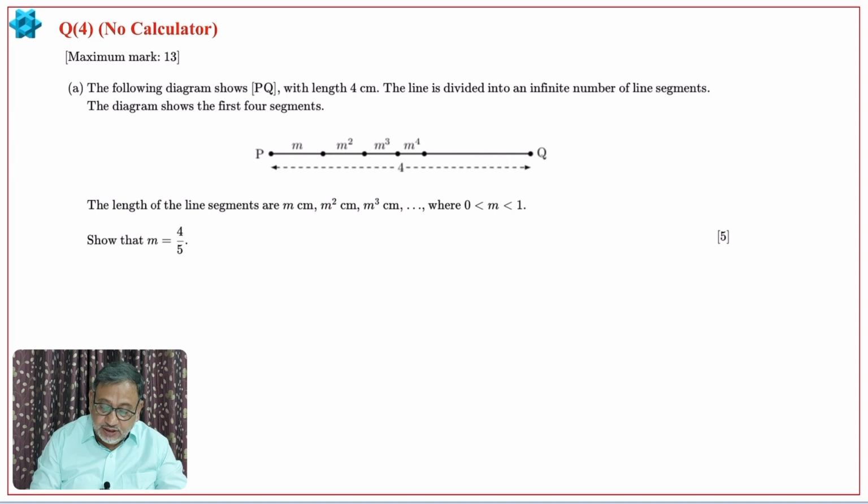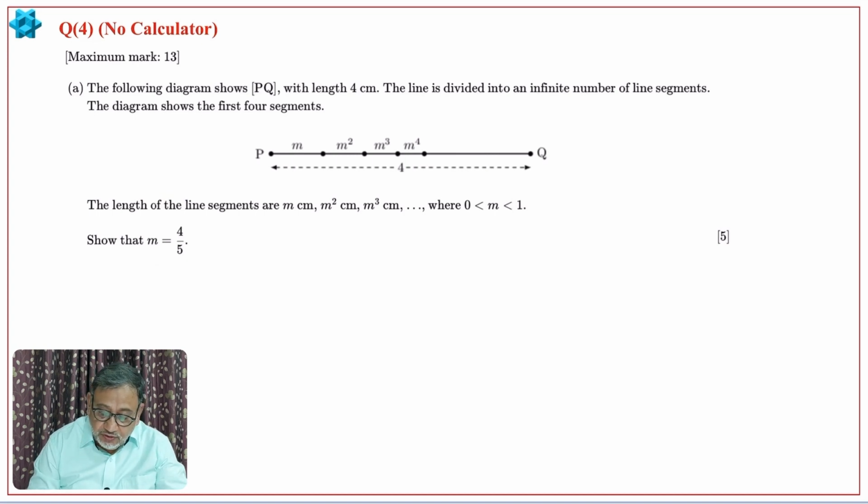Okay, these are the lengths of the parts of the line segment. The lengths of the line segments are m, m square, m cube in centimeter, of course, and m is between 0 and 1, right? Show that m is equal to 4 by 5. Okay, so here we have to show that m is 4 by 5.